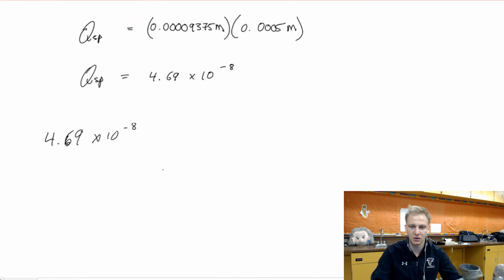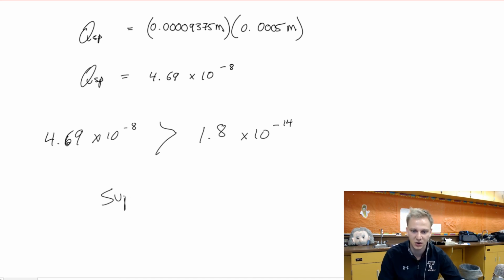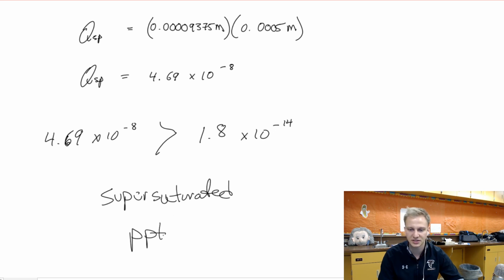In fact, the 4.69 number is bigger, so we know that this would be supersaturated. We also know that a precipitate will form for this particular question.